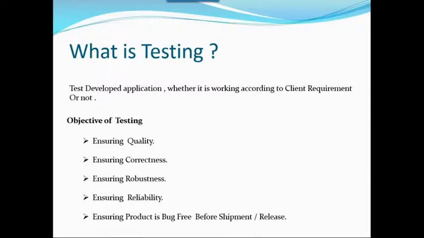The user needs to accept your application, and we need to test that. I will explain how we need to test reliability and all those things. Finally, ensure the product is bug free before shipment and release. So before we go to the release, we need to check whether the application is bug free.